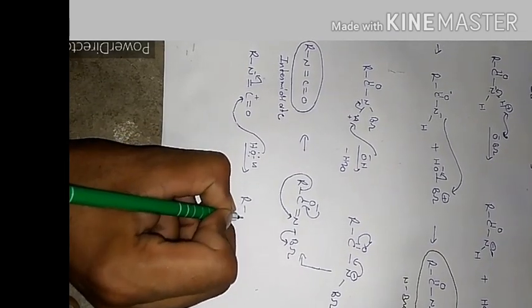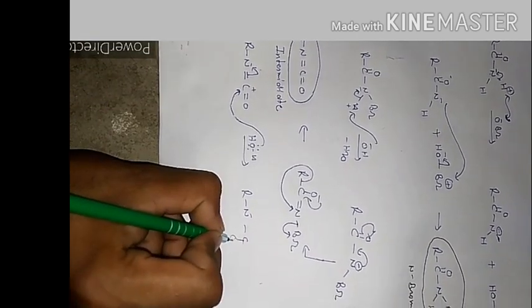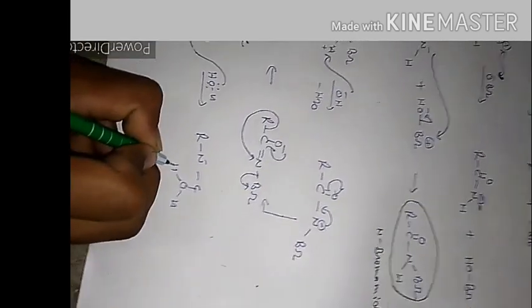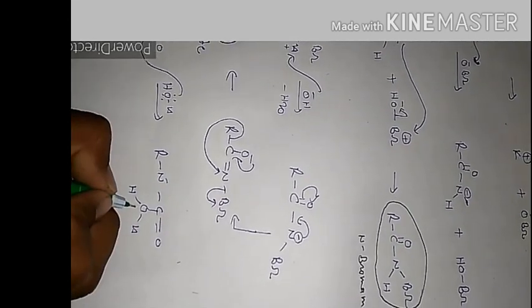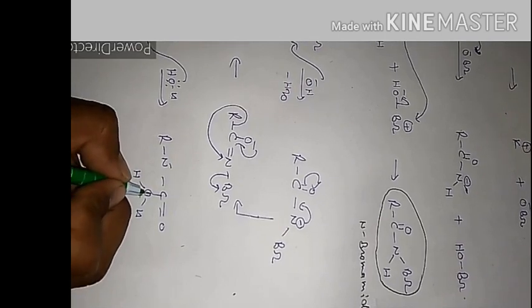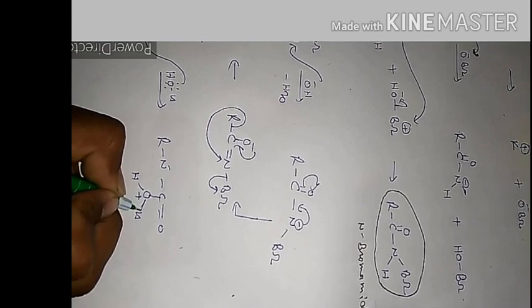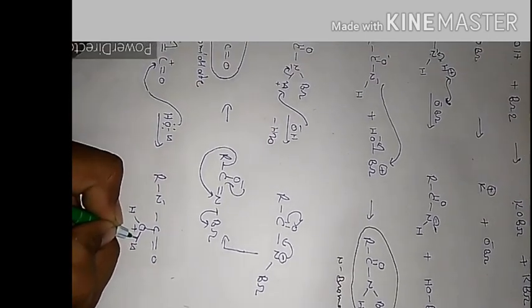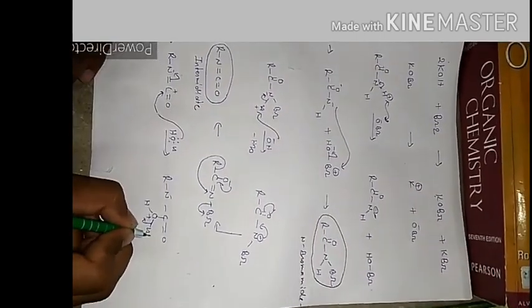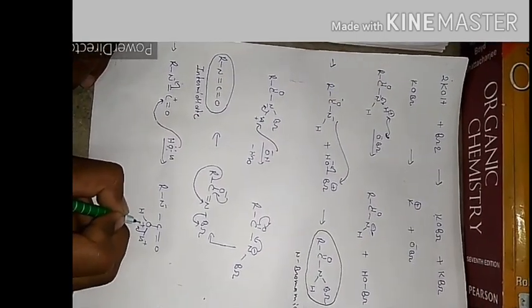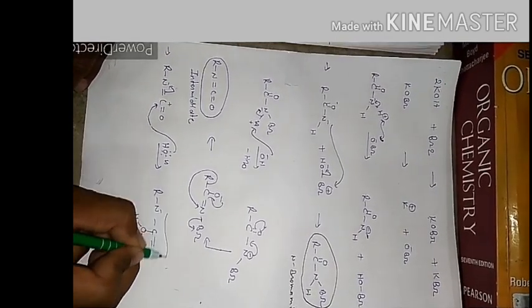And now, here the positive charge of the carbon atom transfers onto oxygen. To neutralize the oxygen atom, we break this bond, and here positive and here negative. This is neutralized, and this proton is abstracted by this nitrogen atom.